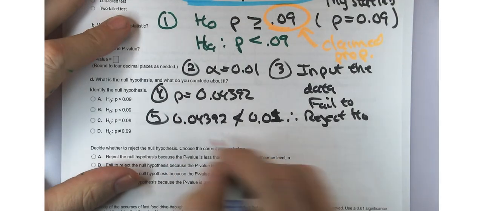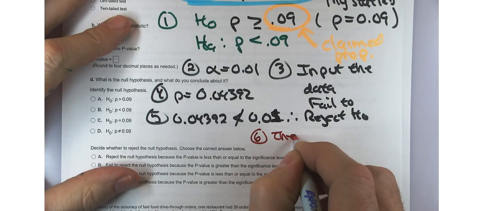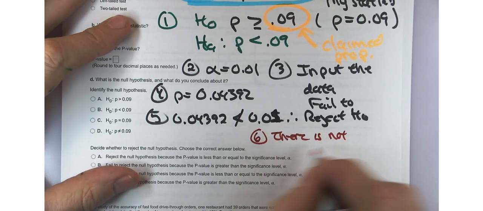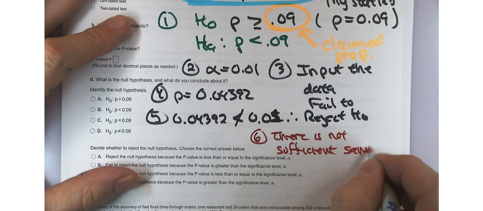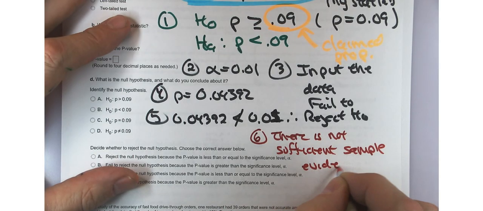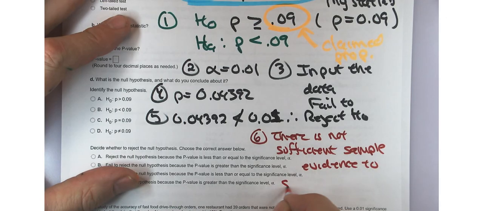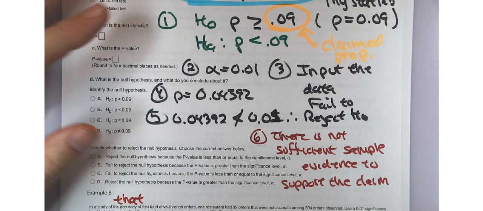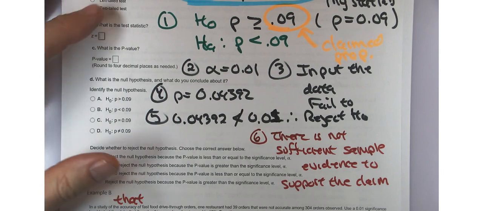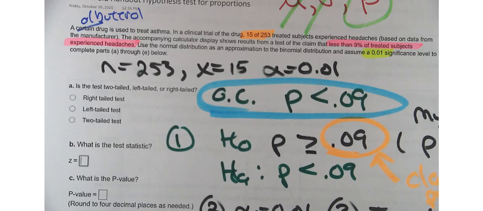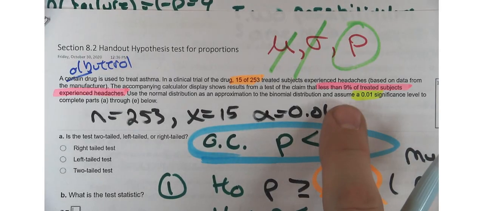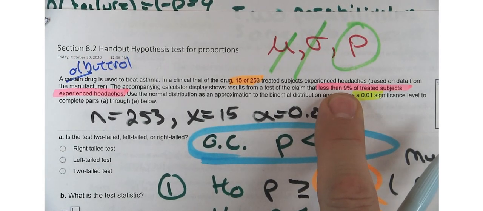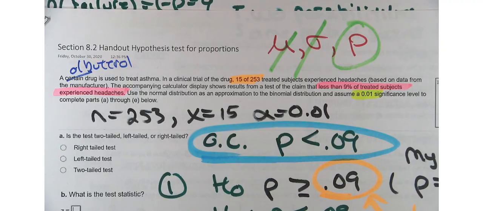So, there is not sufficient sample evidence to support the claim that. And now you get to state your original claim in words. That's going to come back up to here: that less than 9% of treated subjects experience headaches.